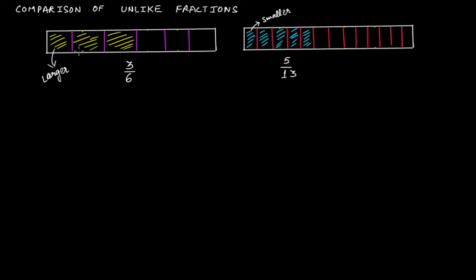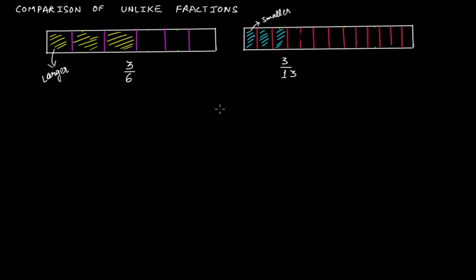So if these two fractions, in this case 3 by 6 and in this case 5 by 13, and I remove these two portions, now I make it 3 by 13. This fraction is represented by these three shaded portions, and this one is also represented by three shaded portions.